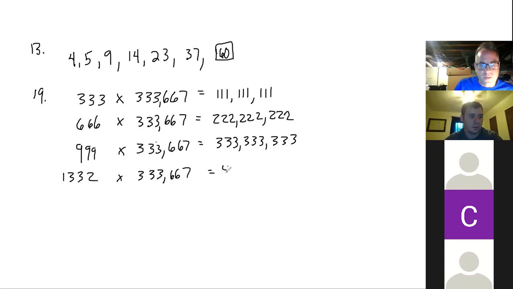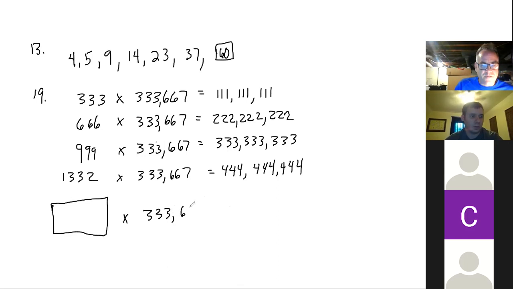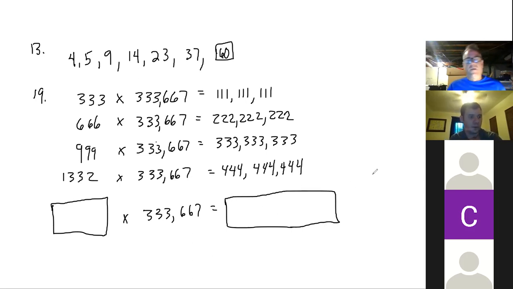And you would probably draw a conclusion inductively that this is going to be this. So what it wants you to do is figure out what you're going to put here times this, and then what you're going to put here. All right.